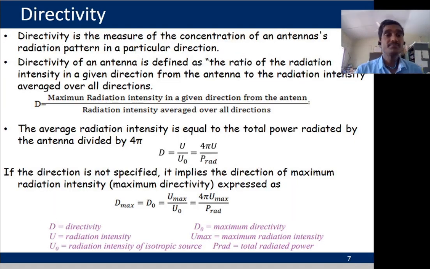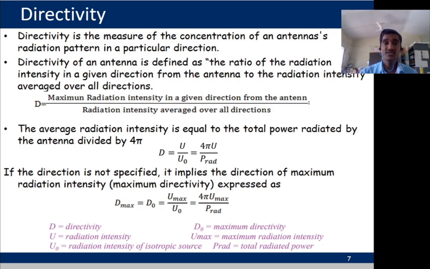Now another important parameter of the antenna is the directivity. This property tells how the antenna concentrates its radiated energy, or how it focuses its energy in specific directions.